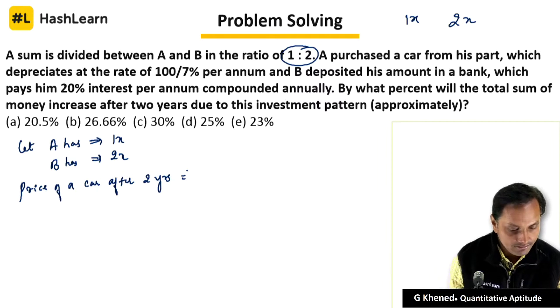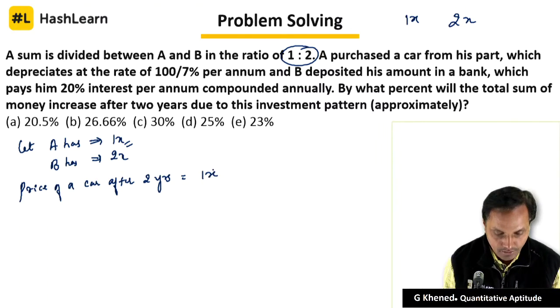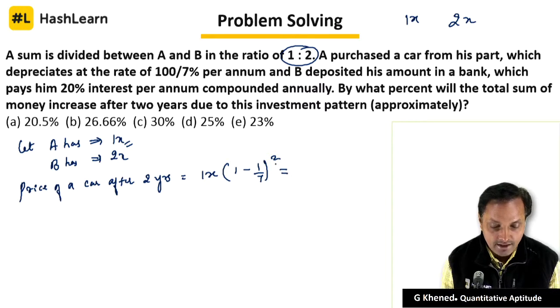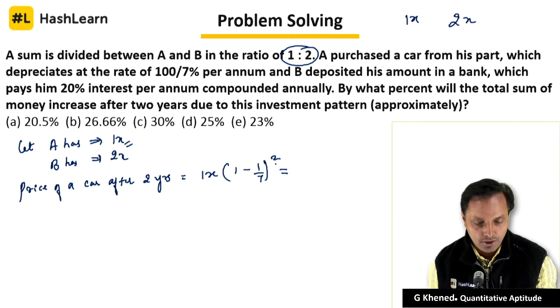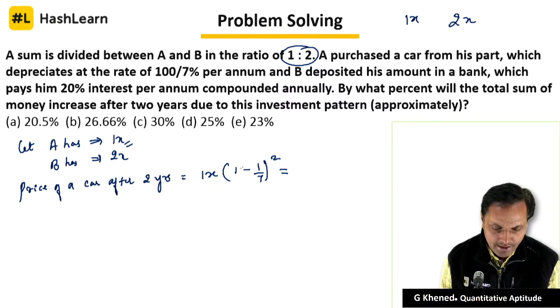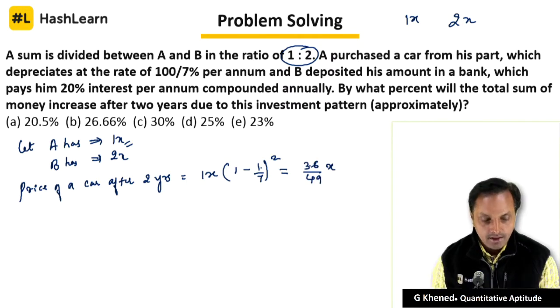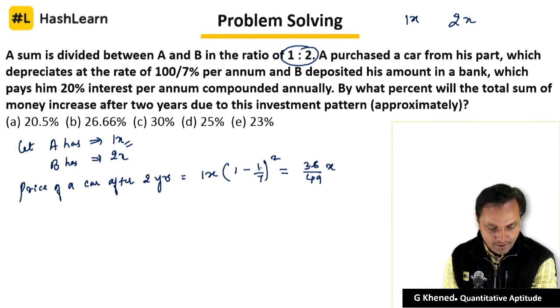You know that he is purchasing with 1x. After 2 years it will be 1 minus 100 by 7%, which is 1 by 7, to the power 2. Why is it power 2? You know, for 2 years it will be power 2. 7 minus 1 is 6 by 7, so it is 36 by 49 into x. So this is the price of a car after 2 years.